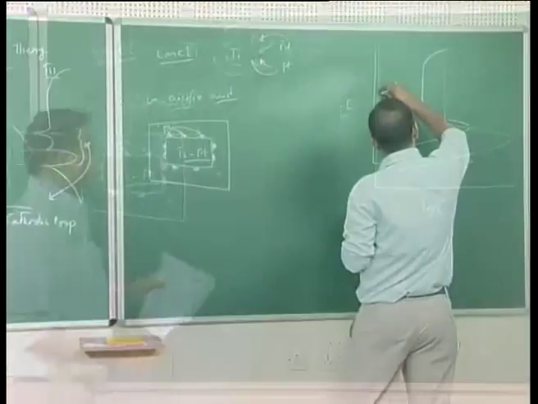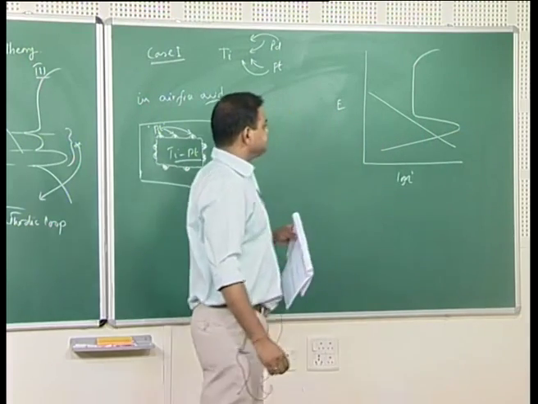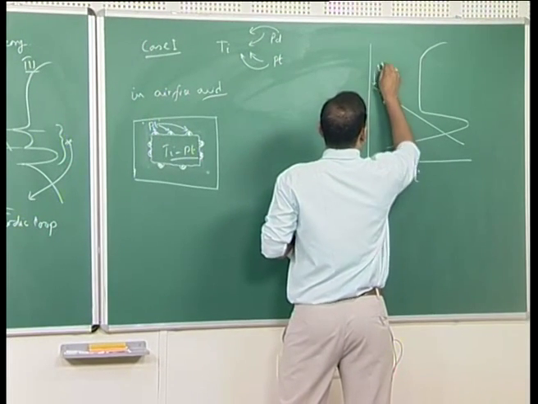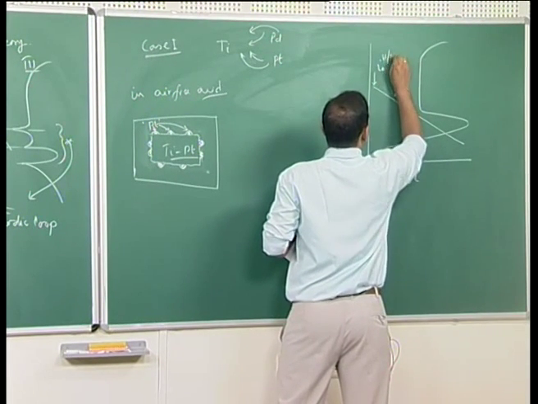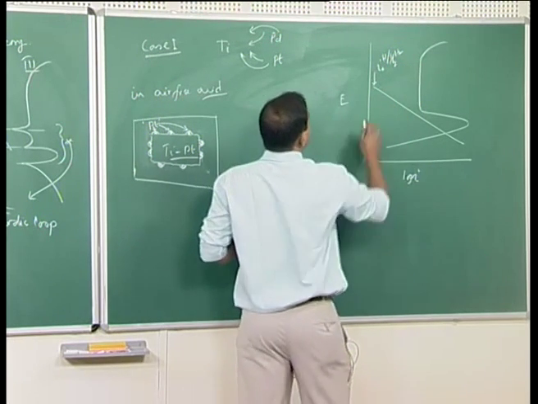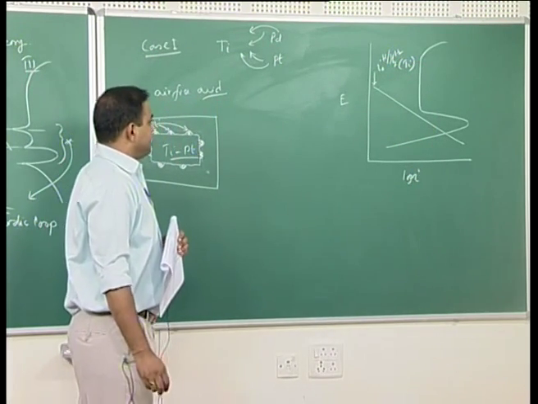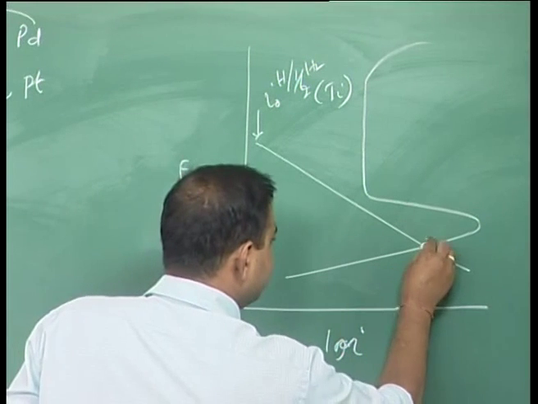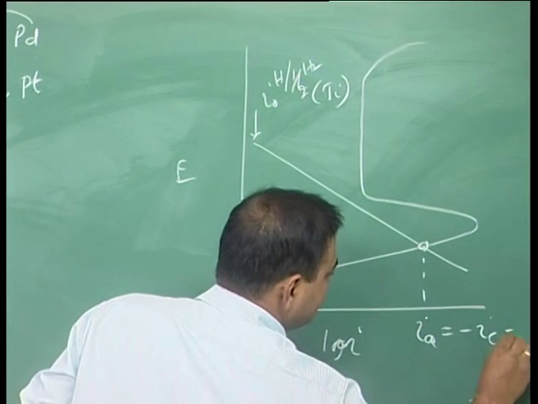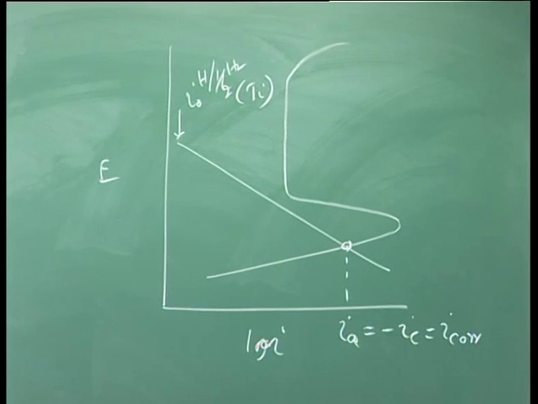In a situation like this, this is my hydrogen evolution on titanium surface, and my corrosion rate would be this one, corresponding to IA equal to minus IC equal to I corr, the corrosion current density.